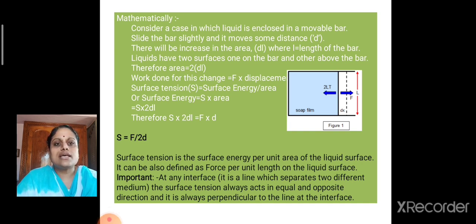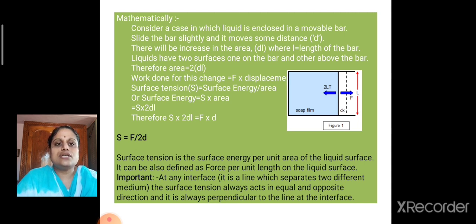The liquid has two surfaces, one below the bar and the other above it. Therefore, the increase in area is 2 into d into L, where d is the distance moved by the bar. Work done for this change is equivalent to force into displacement.